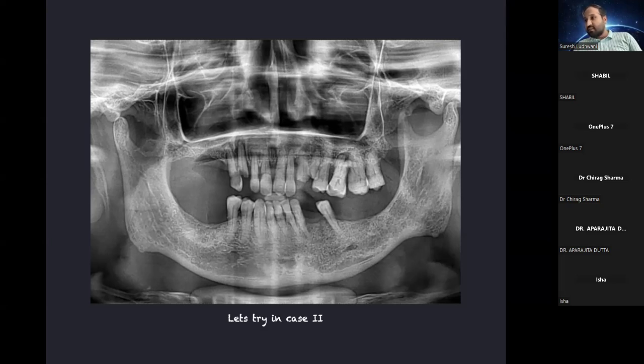Perfect. So there are people. Okay, someone has even planned for the mandibular region. Great. But we are supposed to talk about only pterygoid implants. Super.